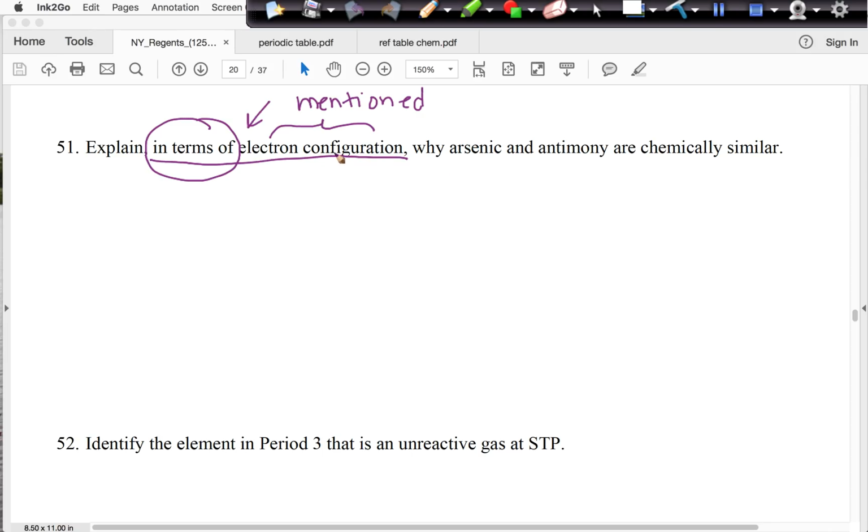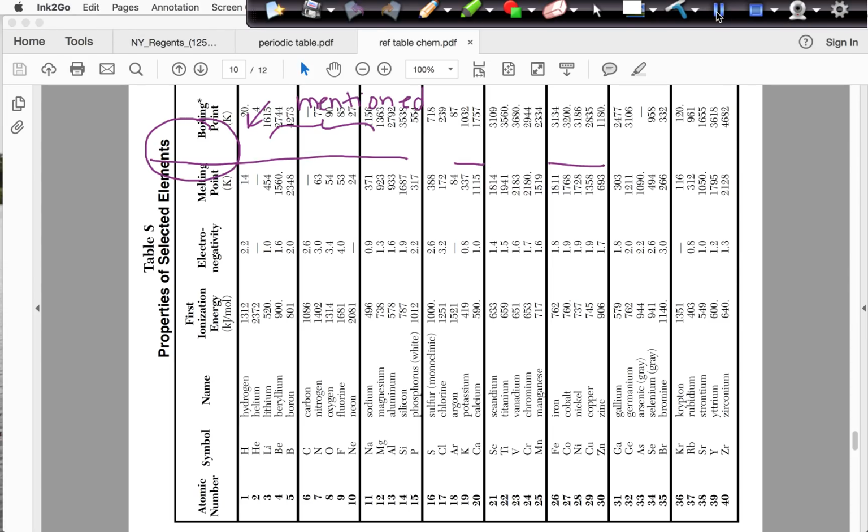So we need to look up the electron configuration of arsenic and antimony in order to answer this question. The first place we're going to go is Table S, because I maybe don't remember which symbol goes with arsenic and which with antimony.